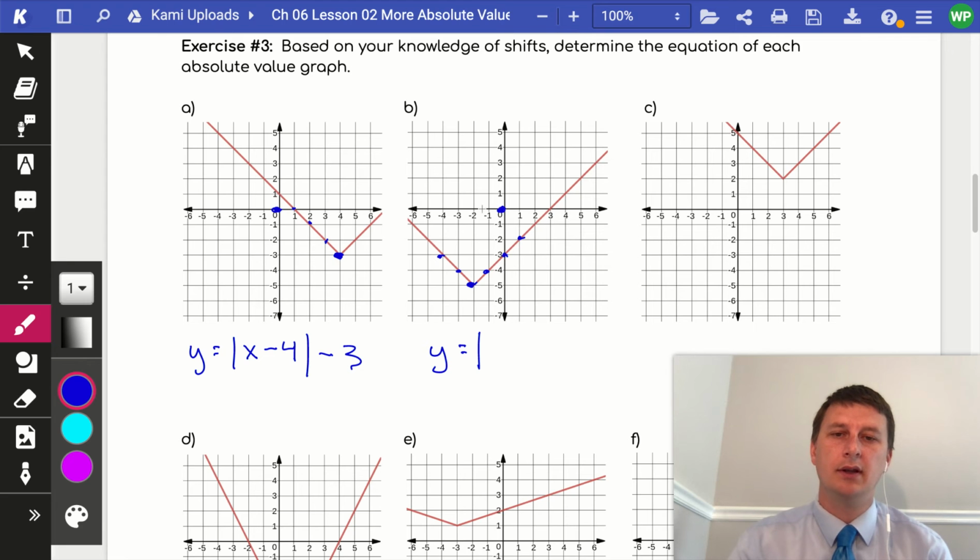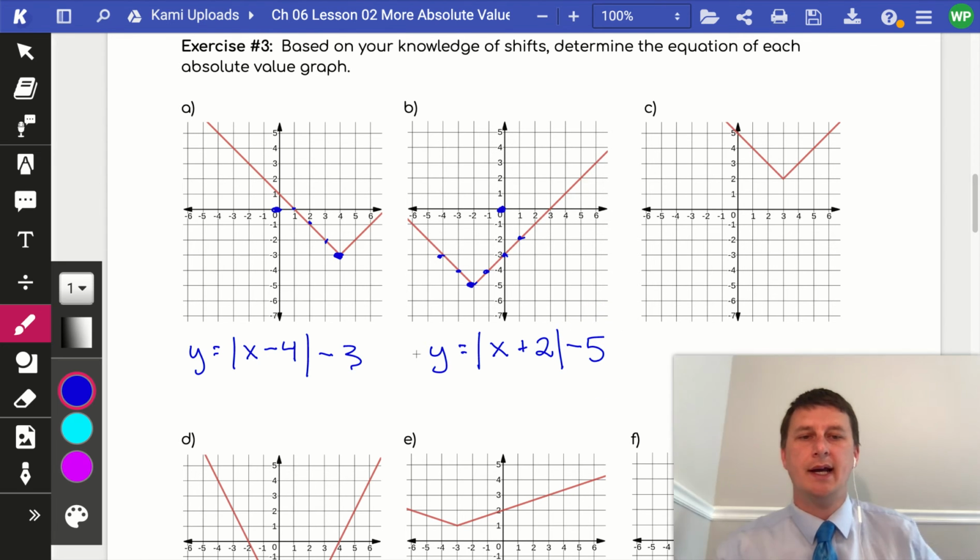Well, we have to go left 2 units. So to shift left, we have to add inside our absolute value. So we're going to have x plus 2. Now, after we shift left, we also have to shift down 1, 2, 3, 4, 5 units. So to shift down 5 units, just like in part A, we're going to subtract 5 on the outside.